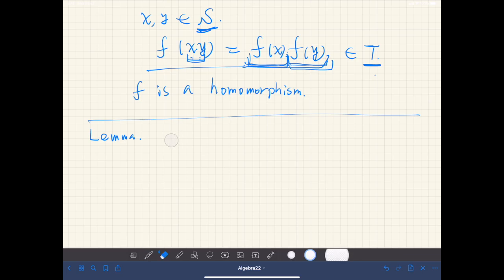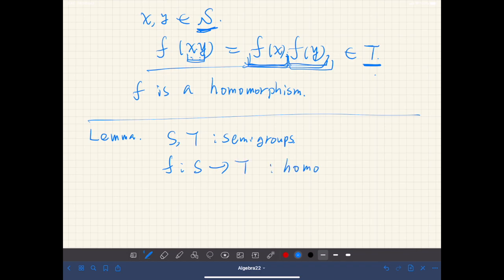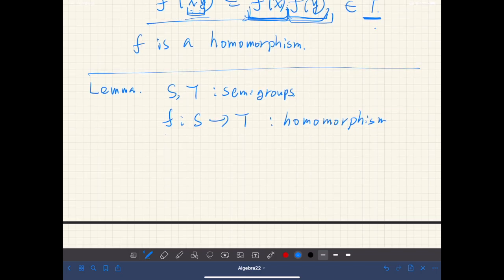Again, S and T are semigroups, and f is a homomorphism from S to T. If f is a homomorphism, that means f preserves the multiplication in S to multiplication in T. Then f(S), the image of S by f, is a set, a subset of T. And this is a semigroup.